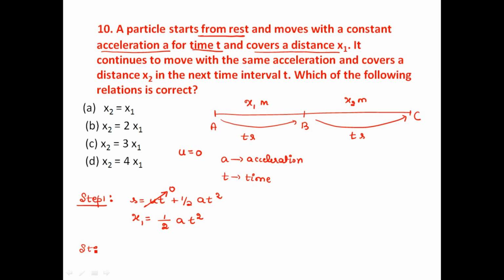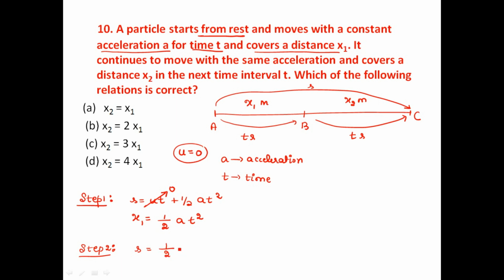Similarly, I can also write the second equation. This time the second equation will be written for an object to move from A to C. For moving from A to C, let us say the distance is s. It has to travel a distance of s is equal to, initially the velocity was 0, right?